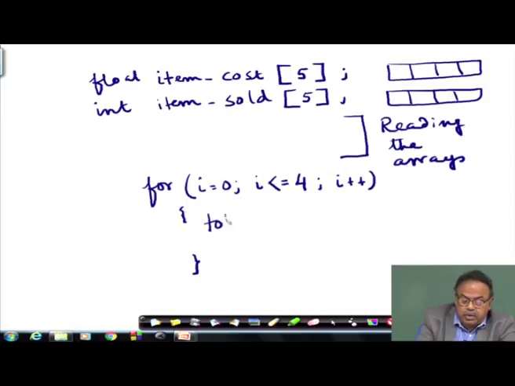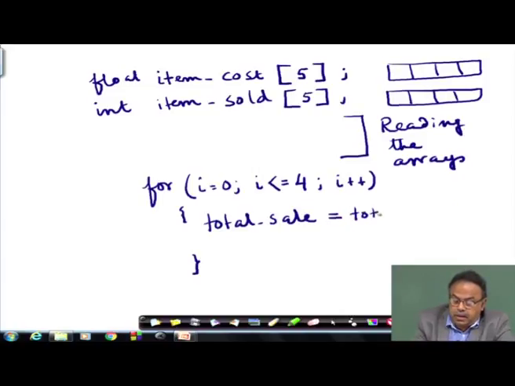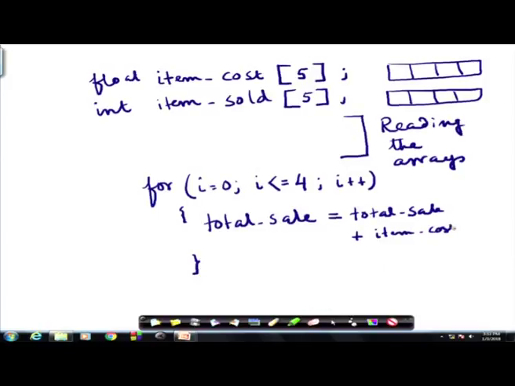Total sell, which was a variable of type float, total sell was initialized to 0, total sell plus item cost i multiplied by item sold i.